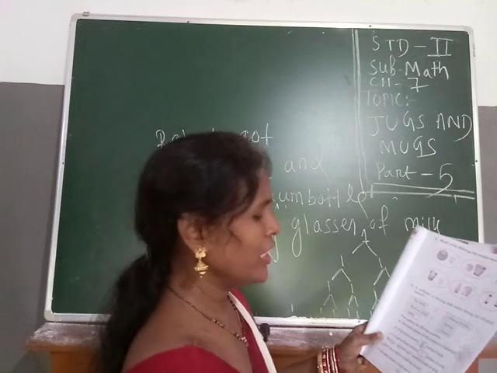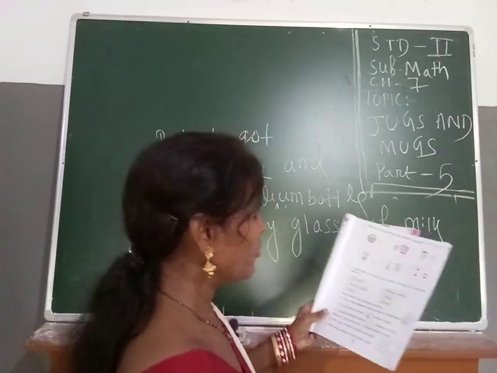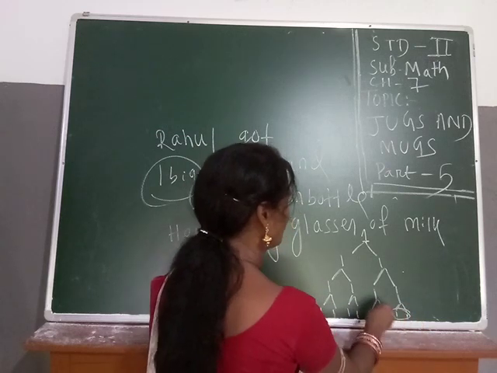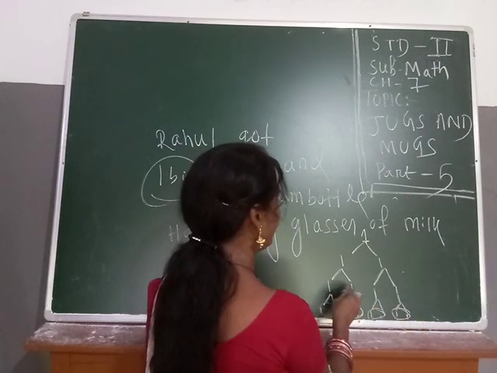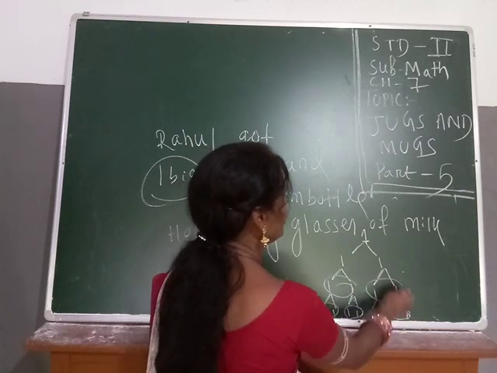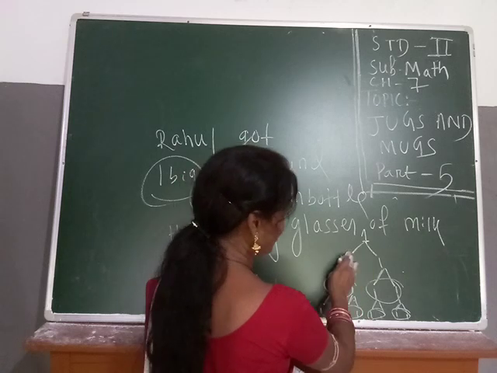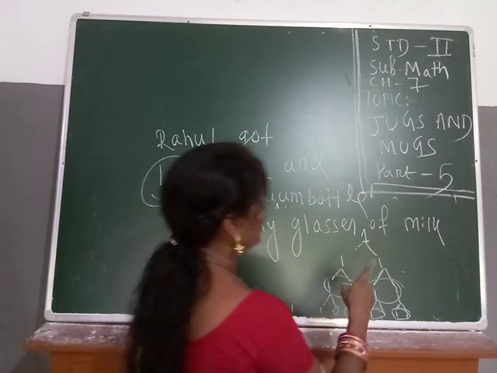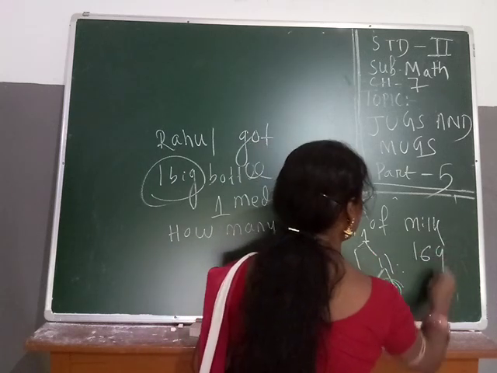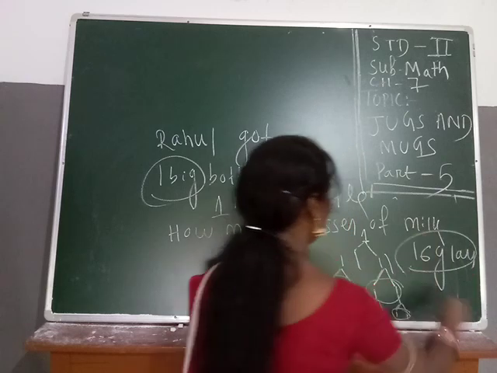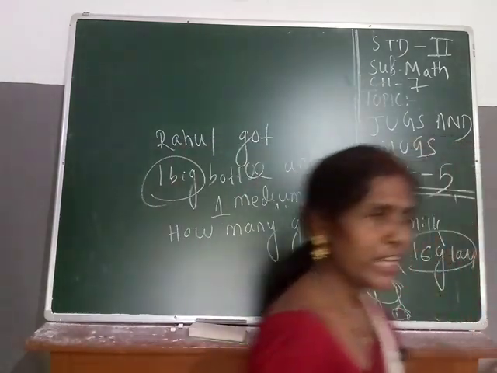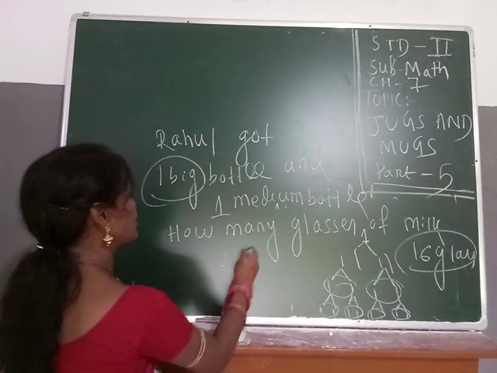Here this is 2, this is 2, 4, this is 6, this is 8, this one is 10 and this one is 12, and this one big glass is 2 glasses. That one is total 16 glasses of milk. Understood, students?